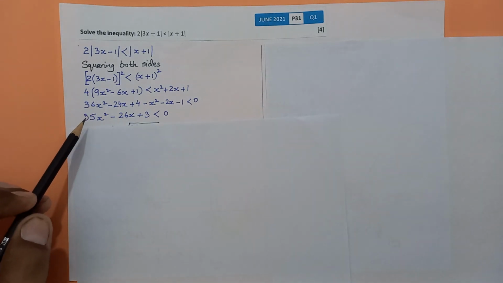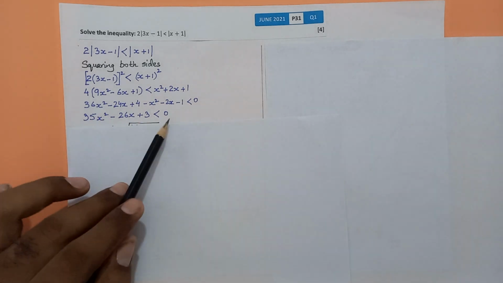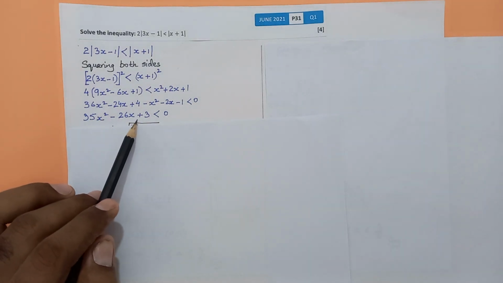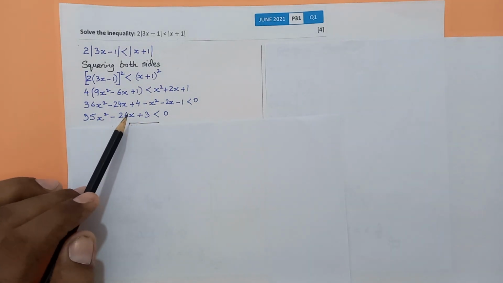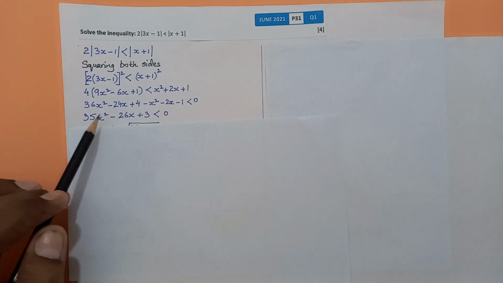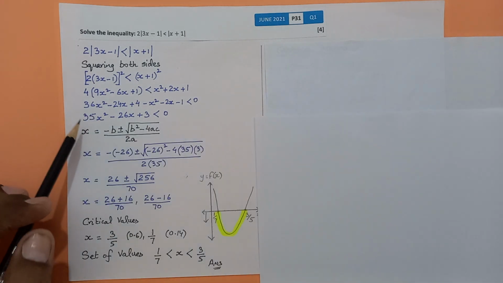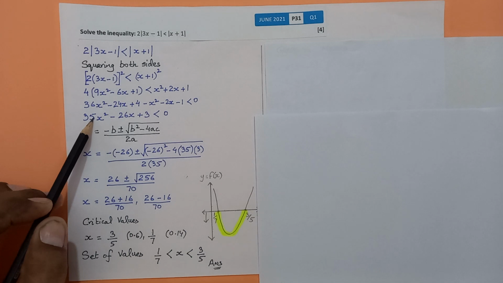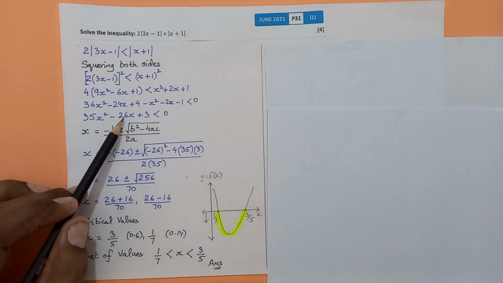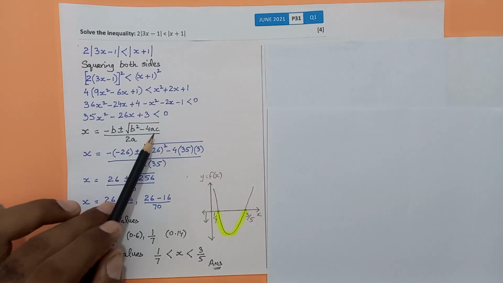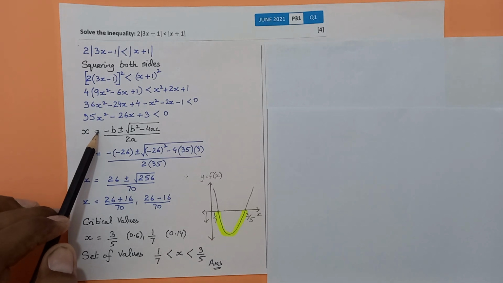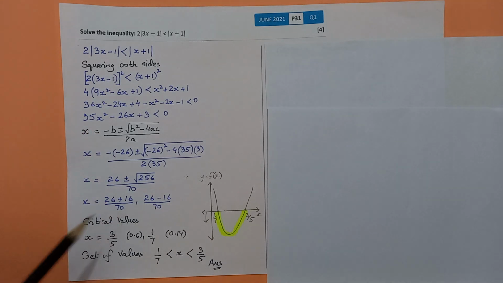So for finding the critical values, that means when y is 0, finding the values of x, in other words the x-intercepts, we will use the quadratic formula, with a as 35, b as negative 26, c as positive 3, placing them in the formula and solving, and getting the two values of x, which are 3 upon 5 and 1 upon 7.